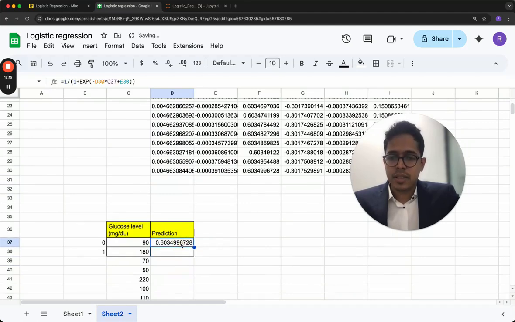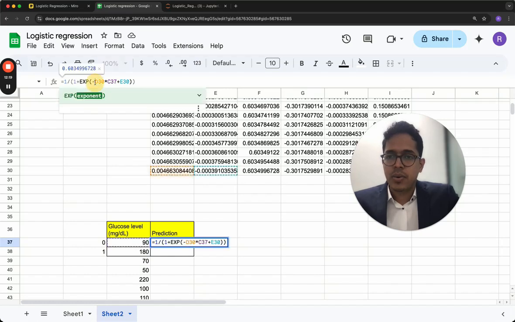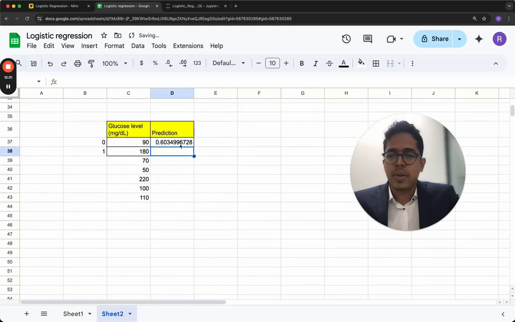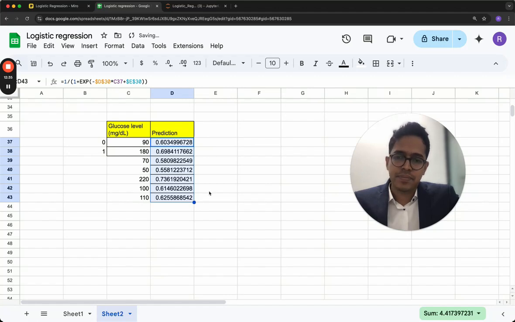This is giving us some number, but we have to do one more thing, because W is now just using this cell. So W should be $D$30, and B should be $E$30 as well, because that should not change. So now this is the prediction 0.6, and these are the predictions.